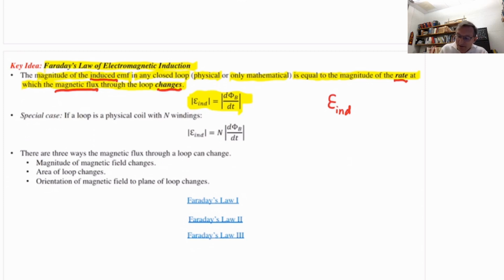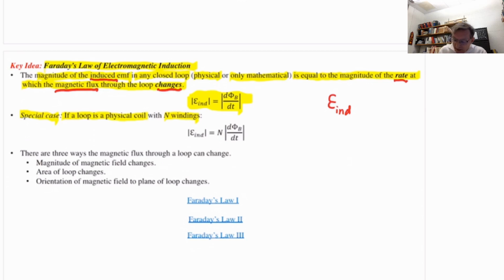Now, a little bit of a special case. If our loop is indeed a physical coil made of conducting wire with N windings, then interestingly enough, experiments show, you get a factor of the induced EMF for each winding.